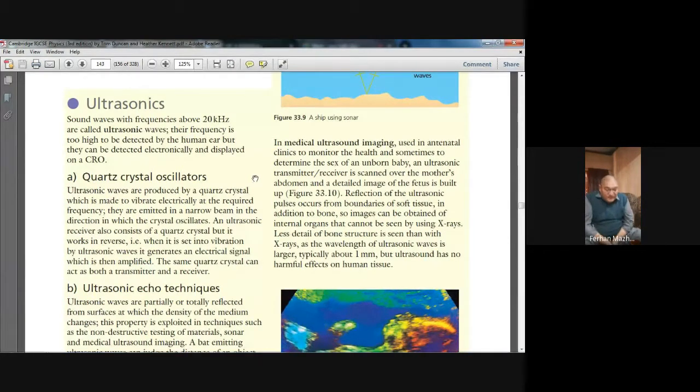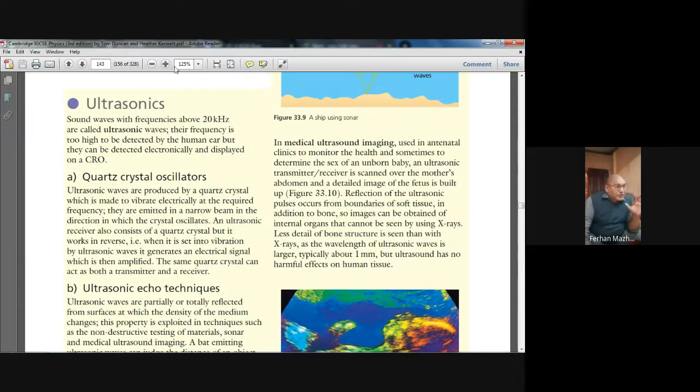When they are reflected back, we have a receiver of the ultrasounds, and with the help of the computer, they are able to make the image of the baby. So this is one very important use of the ultrasound in the medical field.